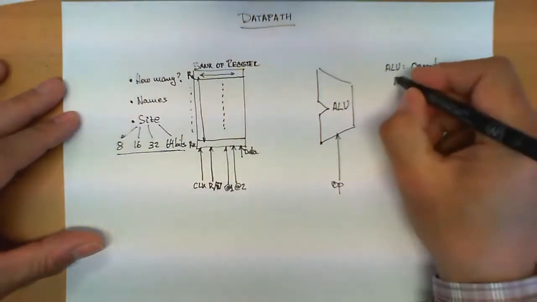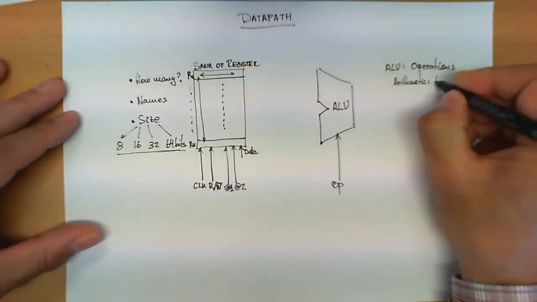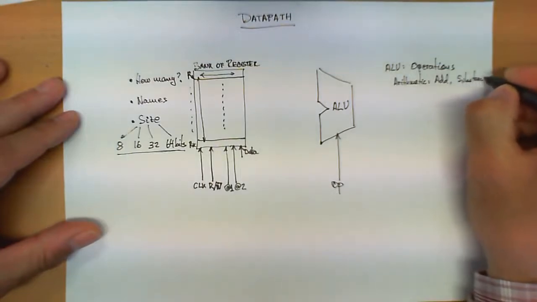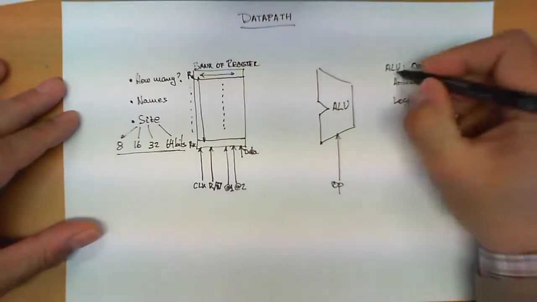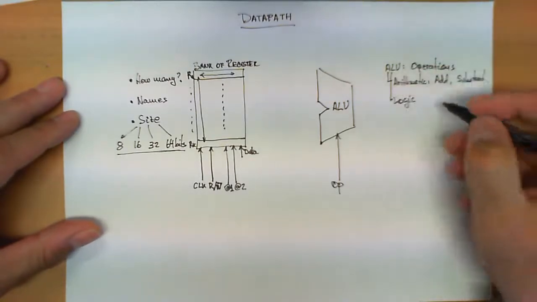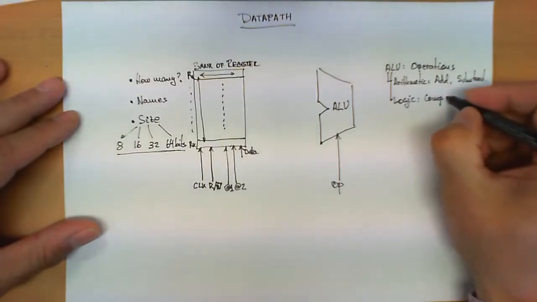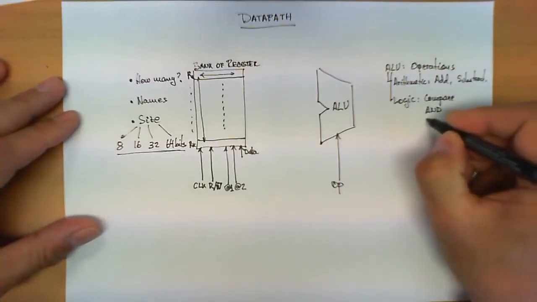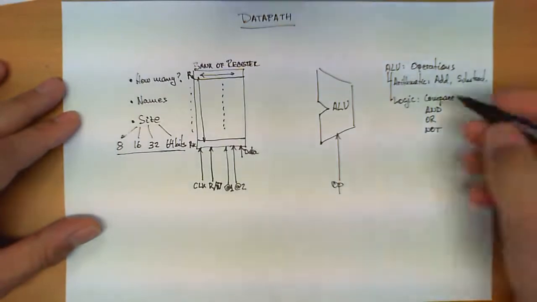Typical operations are in the arithmetic category: addition and subtraction. And in the logic category, which is the reason why it's called ALU, we also have very important operations like, for example, compare, an AND or conjunction, an OR disjunction, and, for example, a negation.